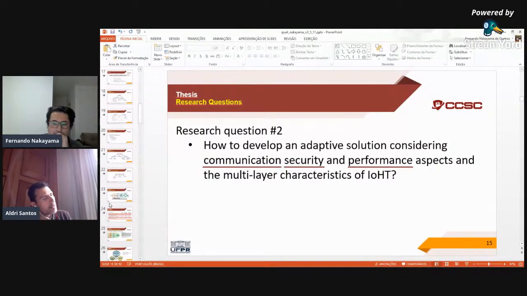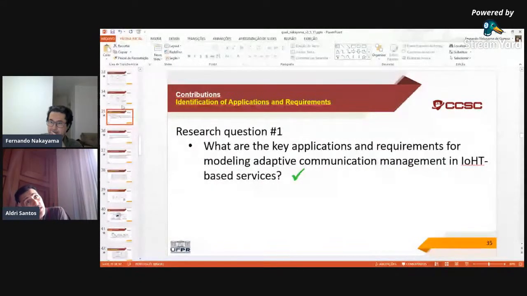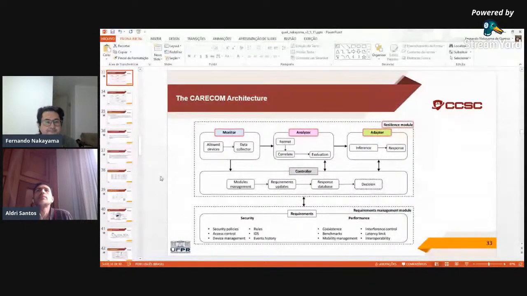And for me, so many things here. I believe it's slide 35 about your architecture CareCom. It's almost the same idea that Burke told us. Take care when you are describing an architecture. When I say, okay, architecture, let me see the details about the architecture here.